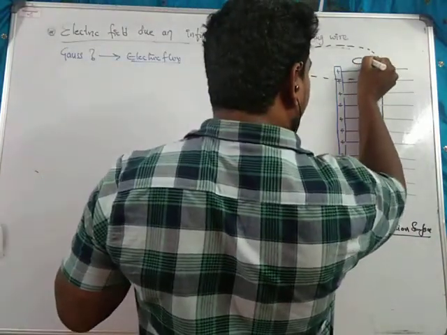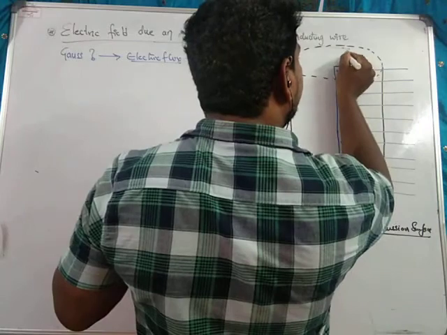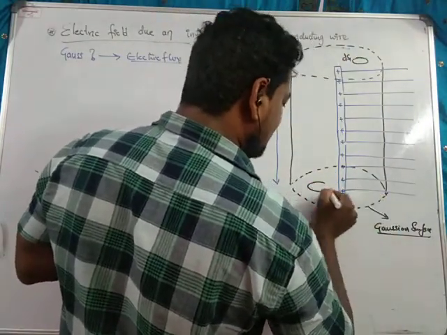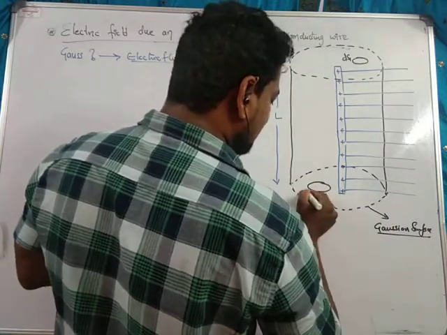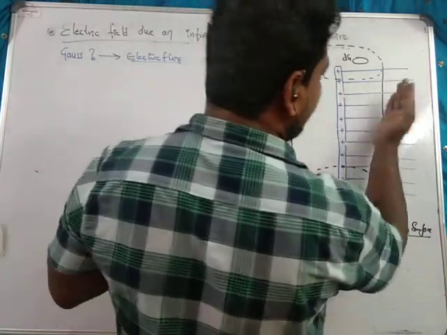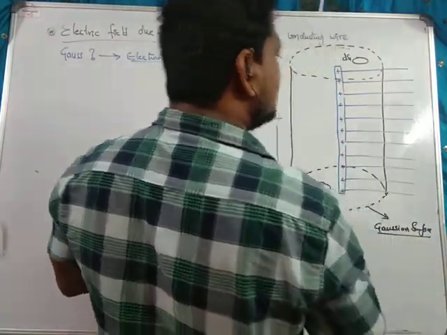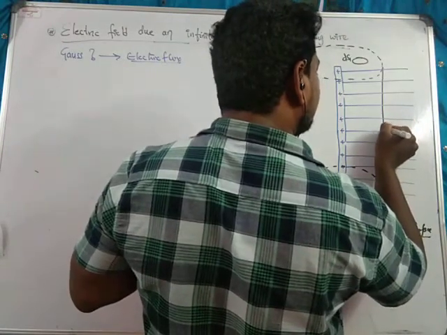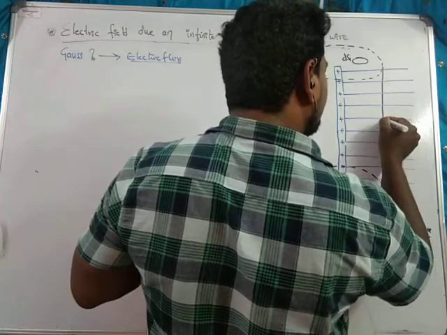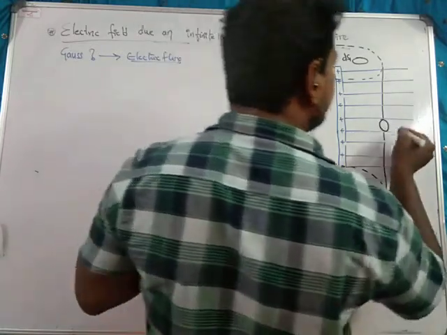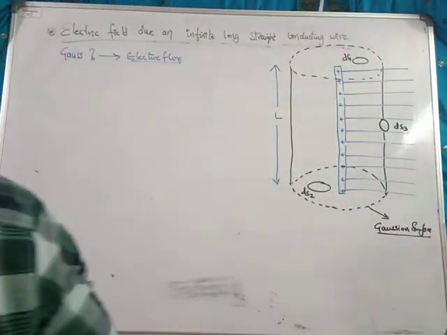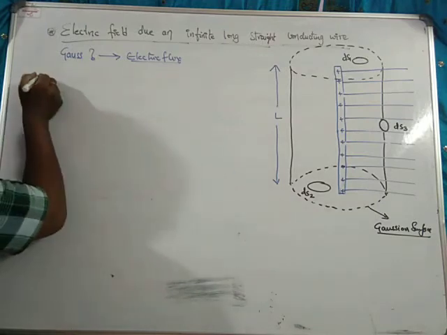At the top we consider one area, ds1, and at the bottom one more, ds2. The side part is a curved surface, so here also we consider a surface, ds3.